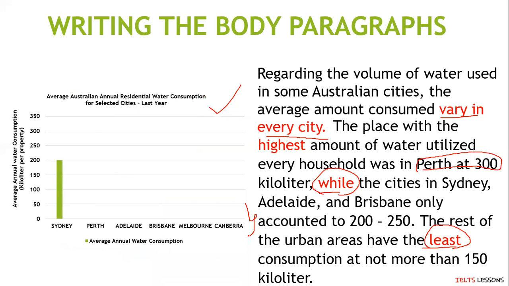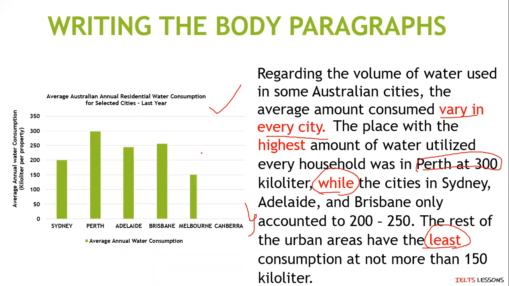Second example, it says here varies in every city. Why vary? Because this one has this amount, Perth has a different amount, Adelaide has a different amount, Brisbane, Melbourne, Canberra, they have different amounts of water used. That is why the amount consumed varies in every city. That's the general comparison, and then we move on to details.